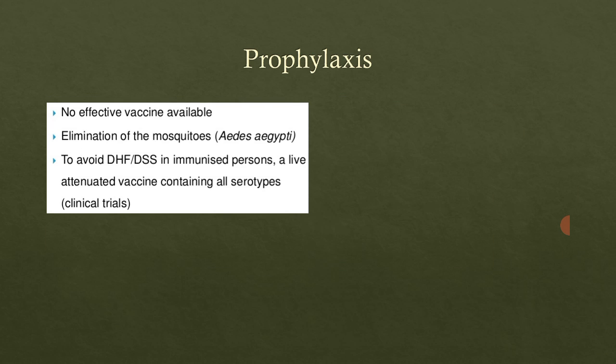Now in this also, there is no particular vaccine available against dengue. Elimination of the mosquitoes is our foremost duty in order to avoid this type of disease, because the mosquitoes are the vectors for these viruses, via which the virus is transferred.